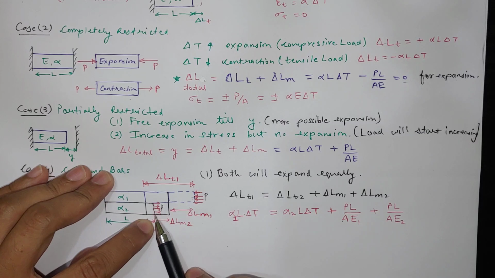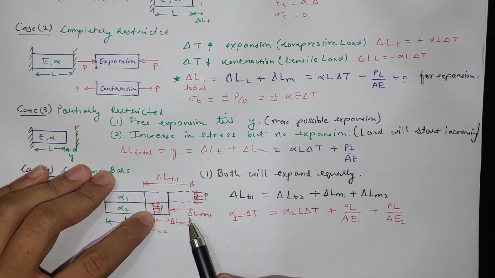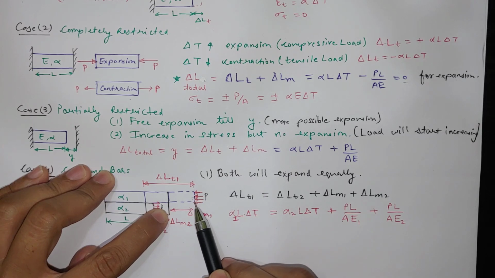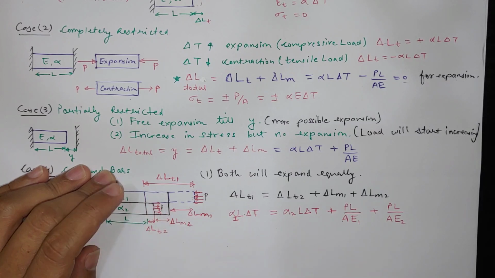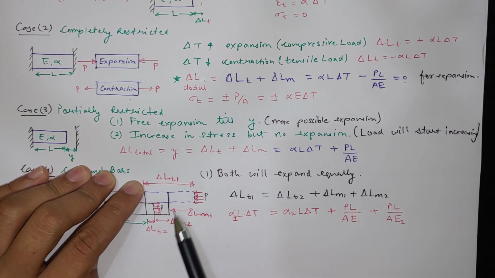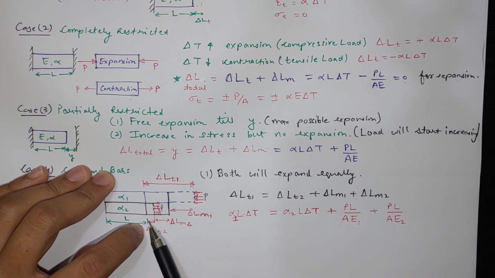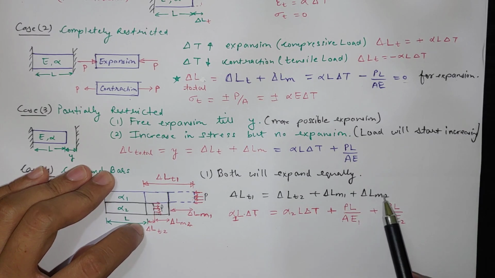Due to this P, the black increased by delta L mechanical 2, and due to the compressive P, the blue is compressed by delta L mechanical 1. So delta L thermal 1 will be equal to delta L thermal 2 plus delta L mechanical 1 plus delta L mechanical 2.